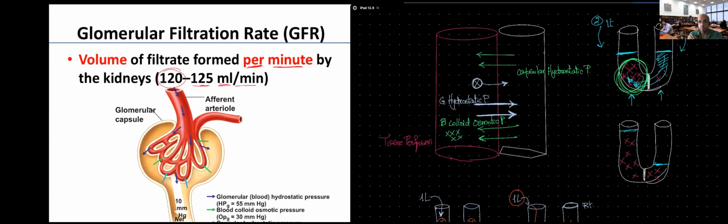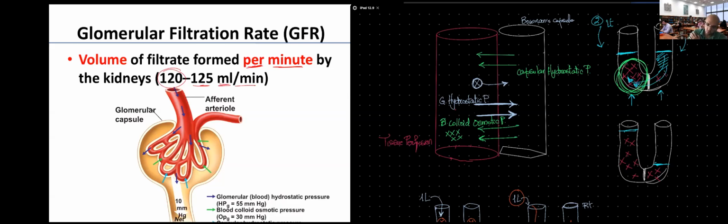Just one. And how many forces are getting the water to move from the Bowman's capsule back to the blood? What do you think? Two.